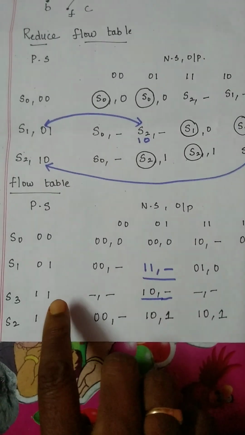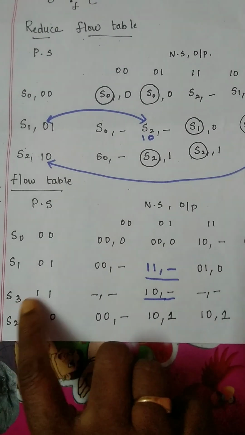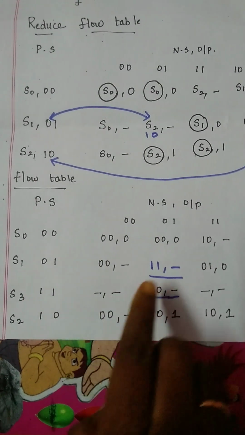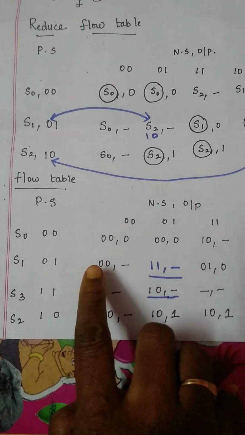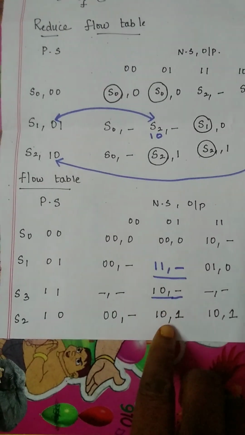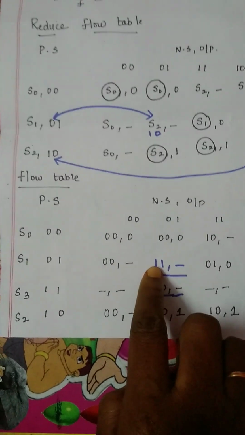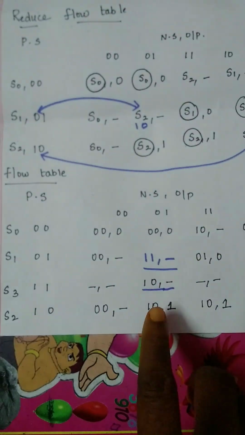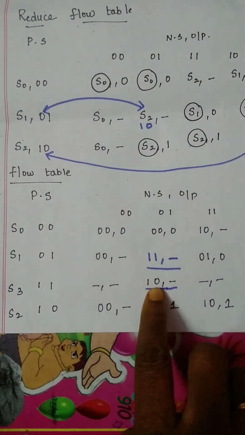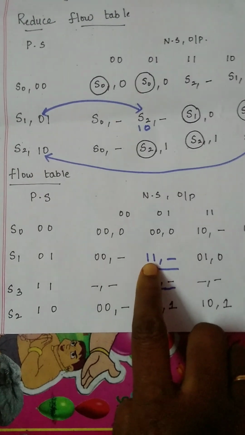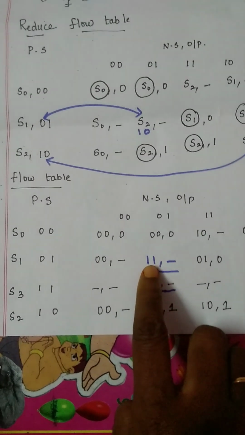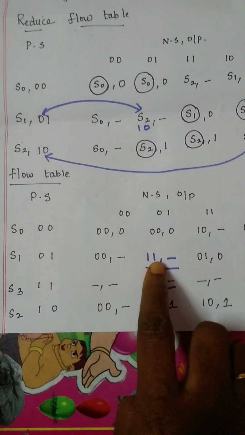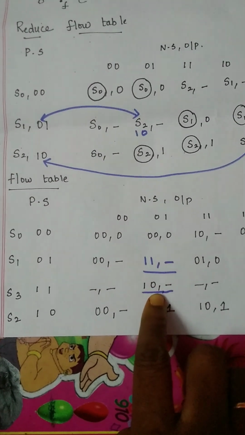Next, what we said, we have introduced a state as 1 1. From where to where has it been changed? From 0 1 to 1 0 via the 1 1 state. So what state has to come here has to be written here. Here actually we have to write 1 0, but we can't write this 1 0. So we are writing 1 1 and then it is moving to 1 0 state.